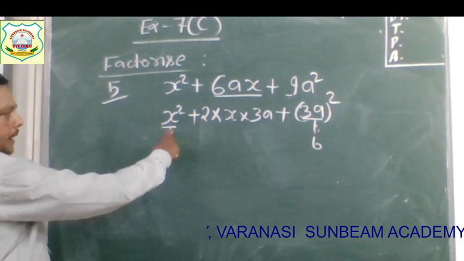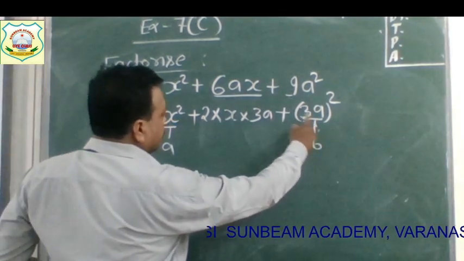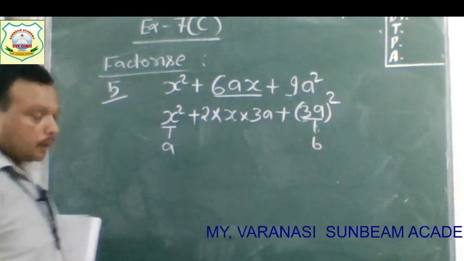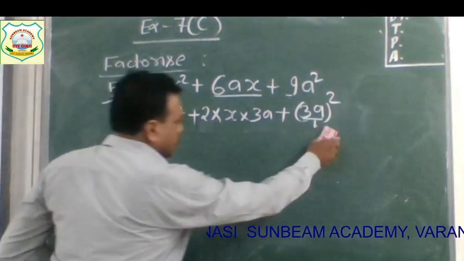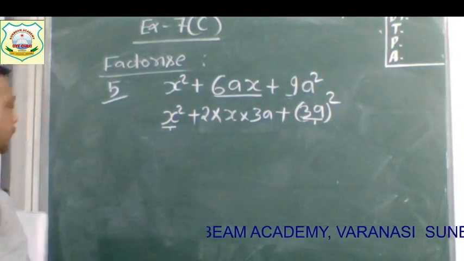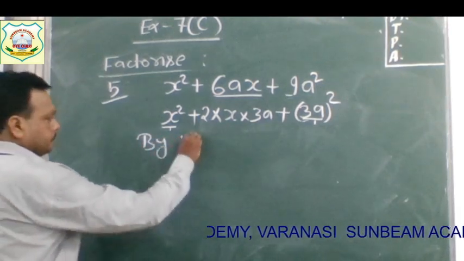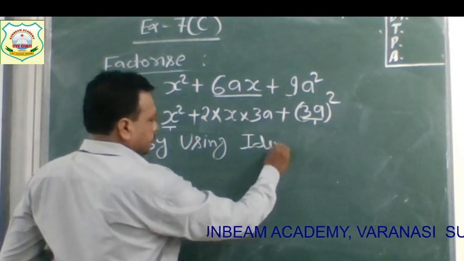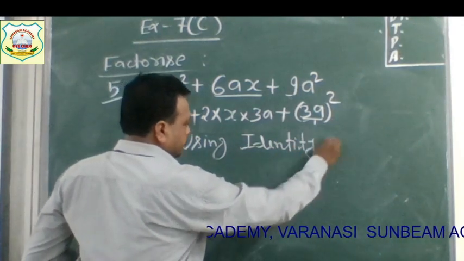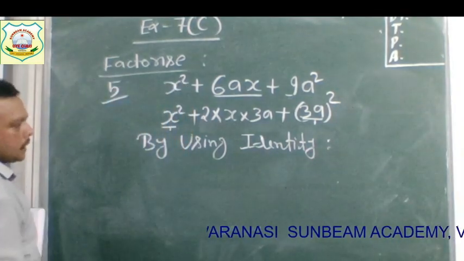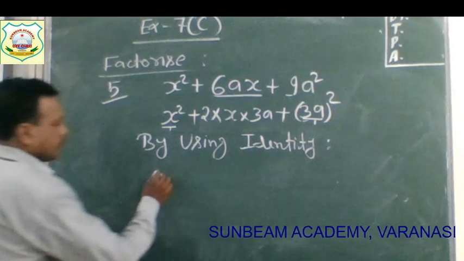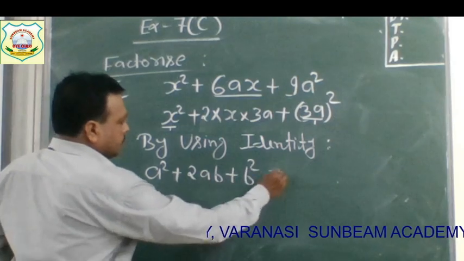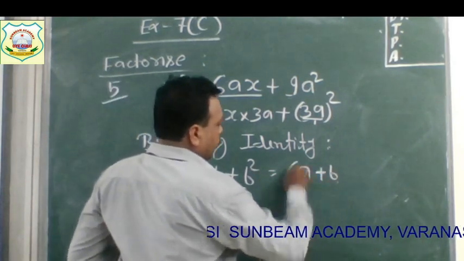So now we have got a square plus 2ab plus 3a whole square. It means a square plus b square plus 2ab. Now we have changed to this format, so we can use the same identity: a square plus 2ab plus b square is a plus b whole square.